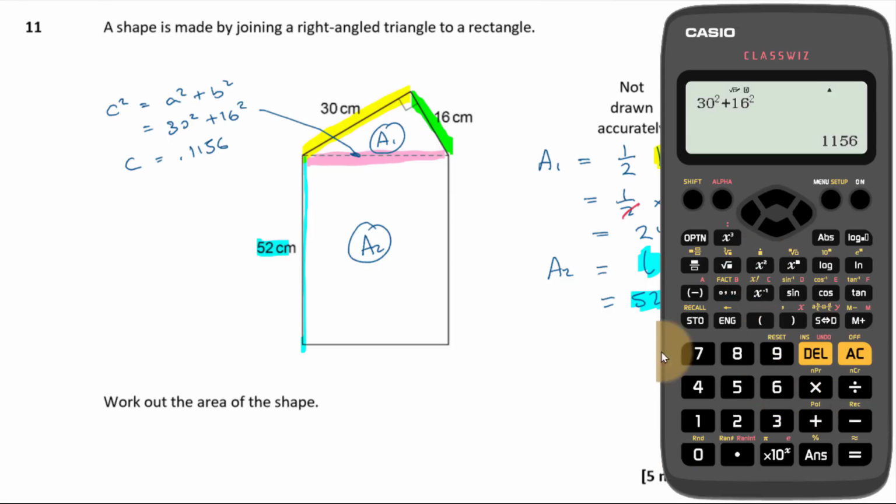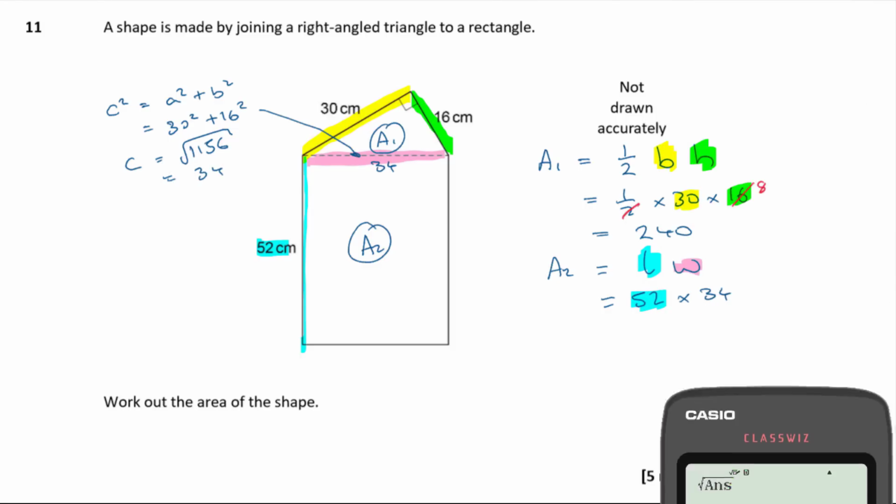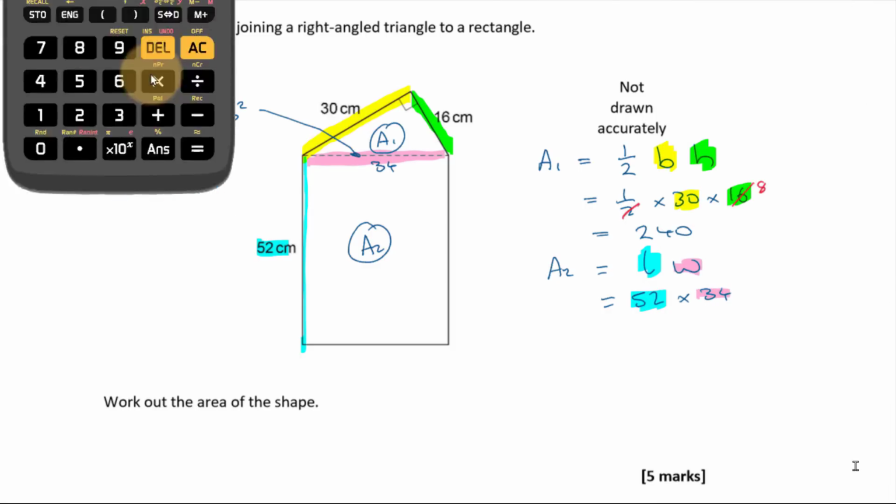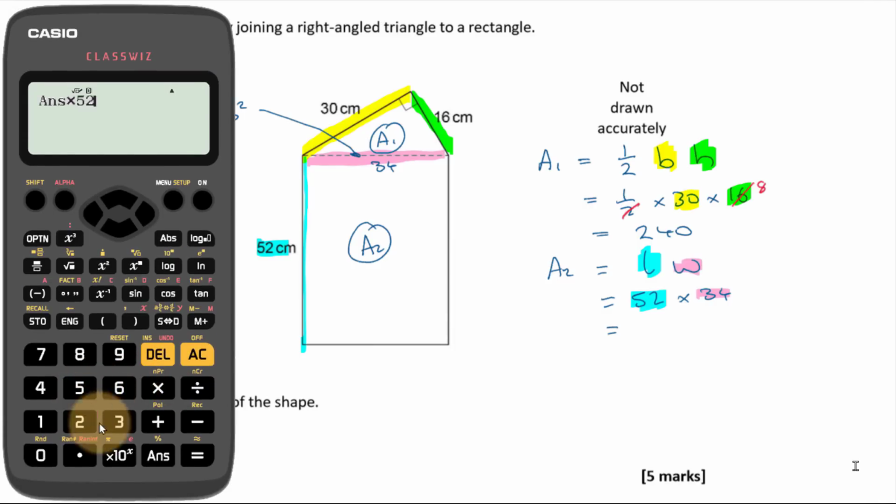Okay, so then c is going to be the root of that then, isn't it? Root answer, that's 34. Okay, so that means my hypotenuse is 34. So subbing that into my calculation here, 52 times 34 times that by 30, 52, going to get 1768.